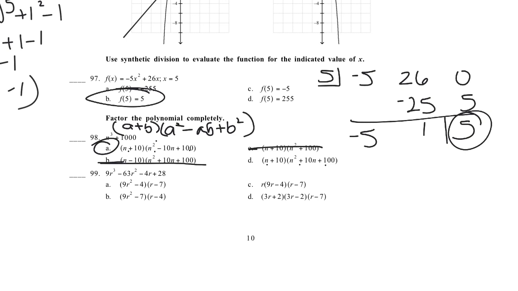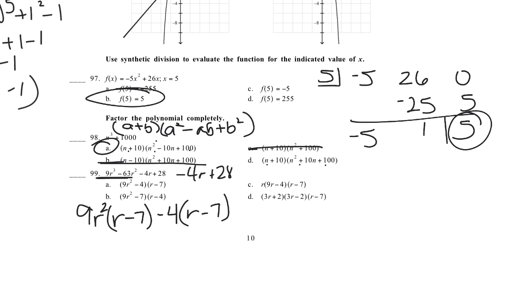And then number 99, factor by grouping. So I'm going to group these. 9R, I'm going to factor out R squared, and we get R minus 7. I'm going to factor out a negative 4, and then I also get R minus 7. So I want to make that negative 4R plus 28, and I factor out the negative 4.